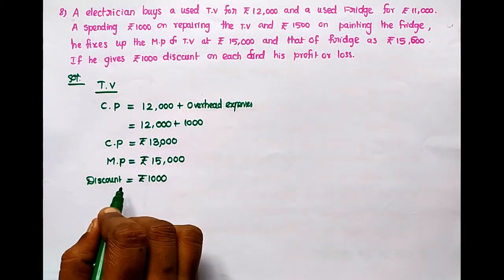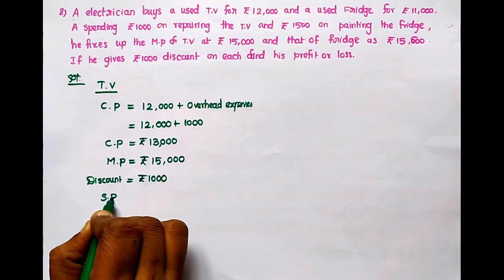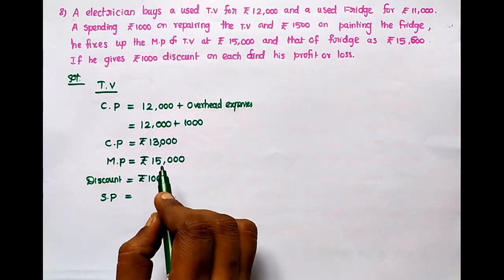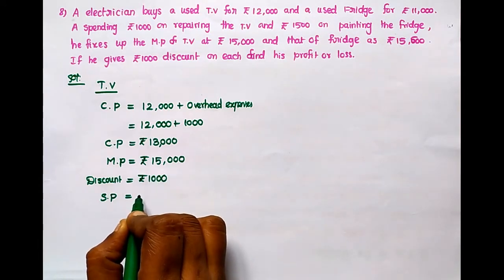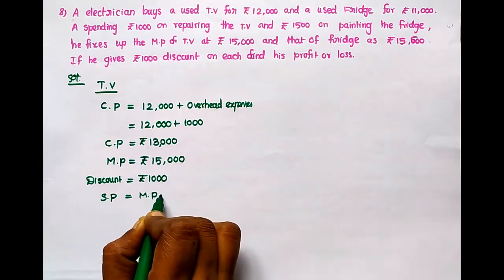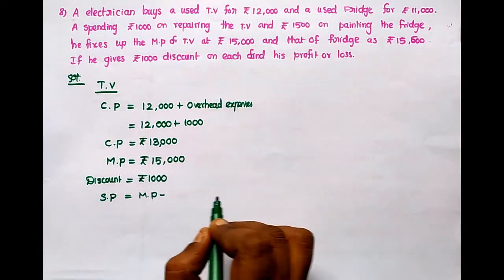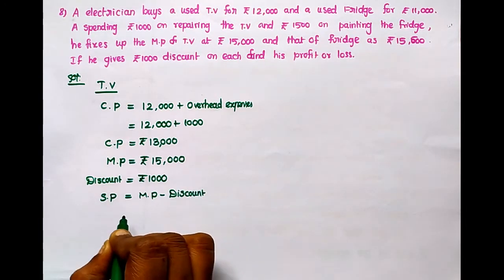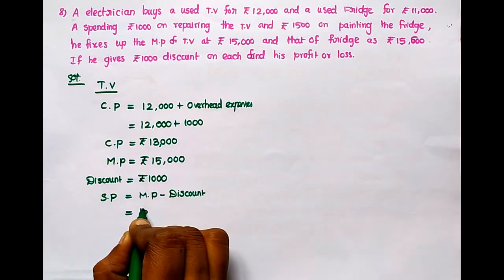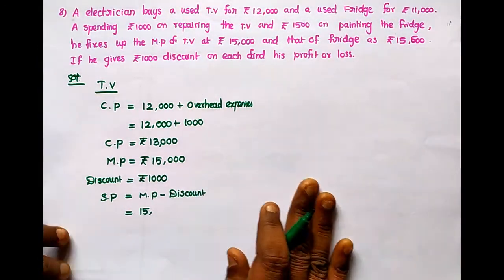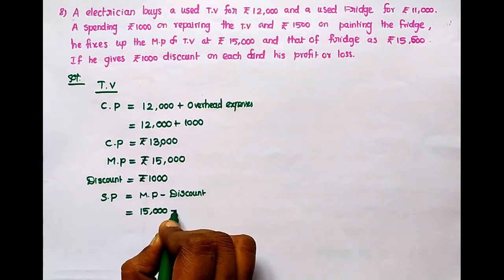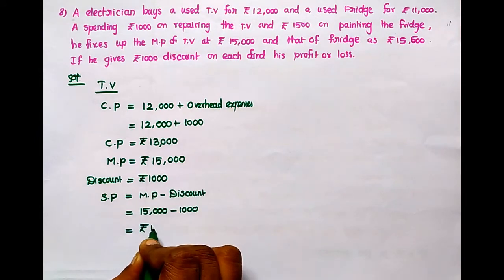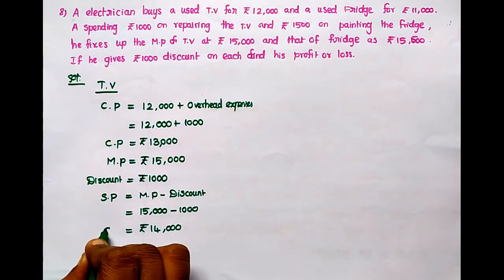Now we want to find out the selling price. Selling price, when they give a mark price and discount, means mark price minus discount, that is the selling price. So 15,000 minus 1,000, that is equal to rupees 14,000. That is selling price.